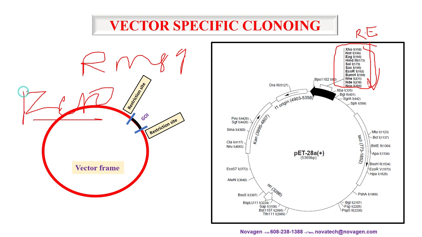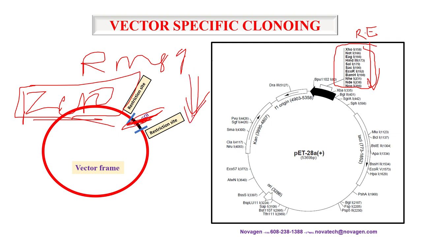I will explain what is a zero cutter and what is a one cutter, multiple cutter and all. So the gene cannot be cut. If your gene is cut, everything will vanish. You will not be able to express your protein. So you can only use those restriction enzymes which are not present in your gene. So how can you do this? For this you have to do restriction mapping.